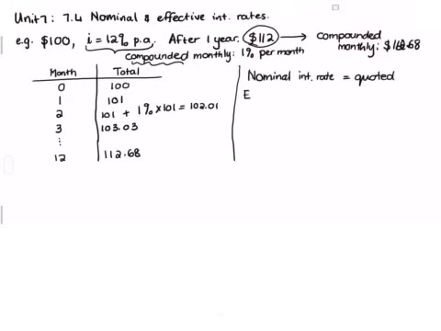The effective interest rate is what you really got. Which we've now seen, if you compound more than once a year, it's always a little bit more.